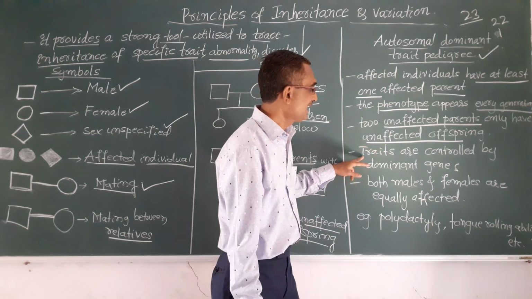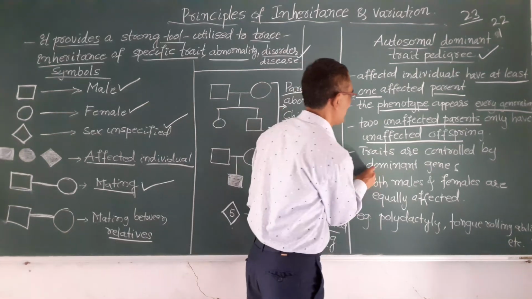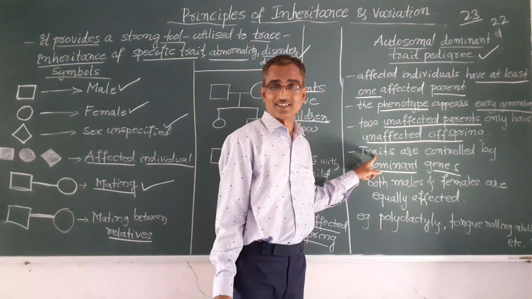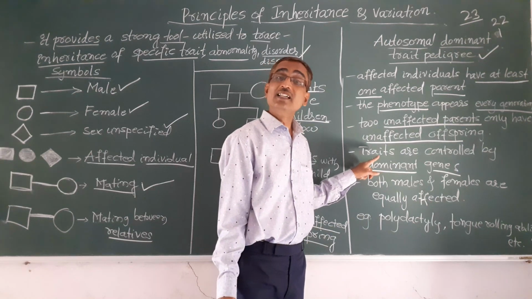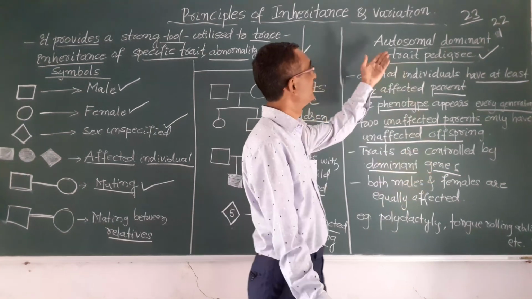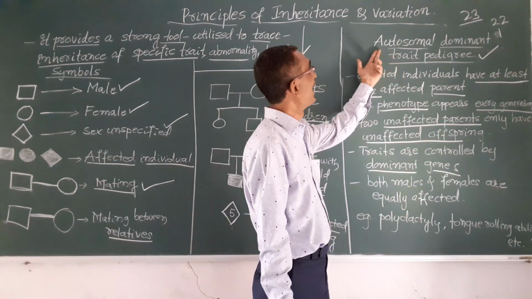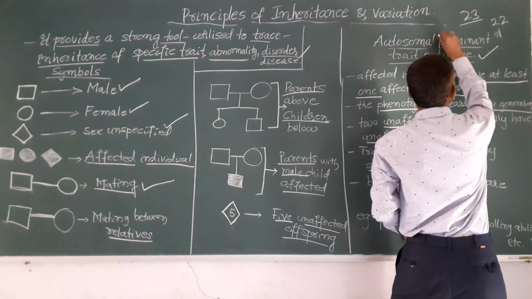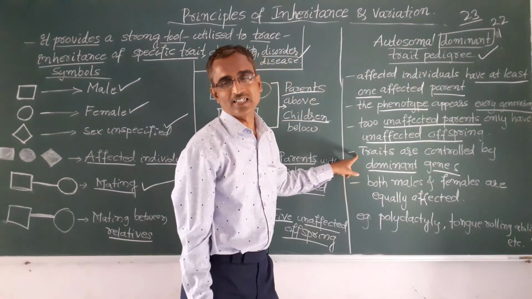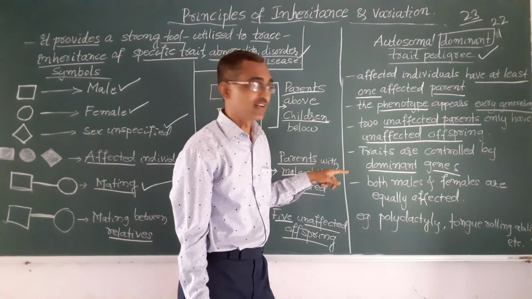And traits are controlled by dominant genes. Here that particular character is controlled by dominant genes. The title itself tells you: autosomal dominant.